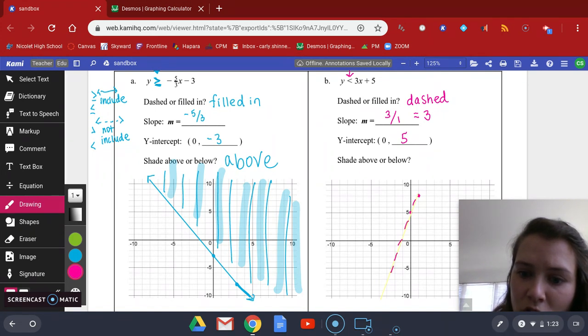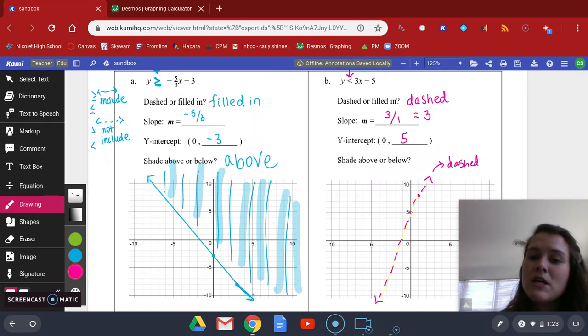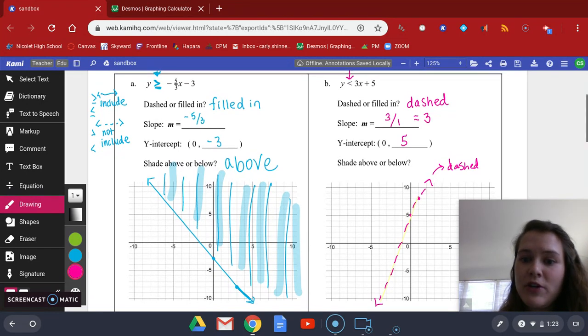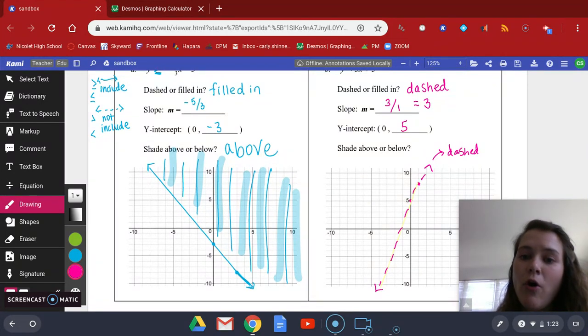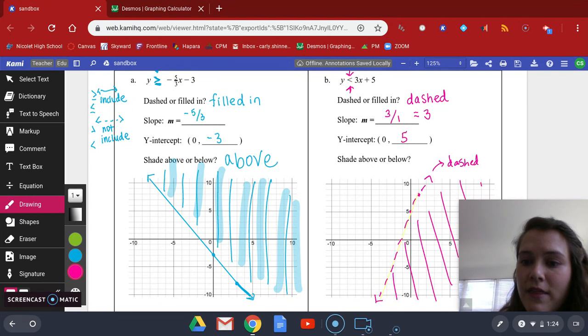However you want to do it, make sure your teacher can see that it's dashed, so that we know the boundary line is not included. Our last step is to shade above or below, and because my symbol is a less than, we are going to shade below. So it's going to look something like this.